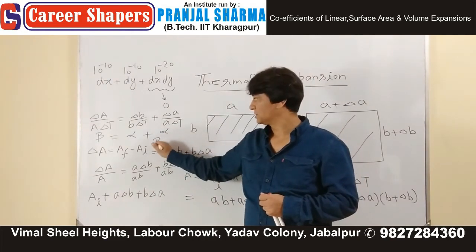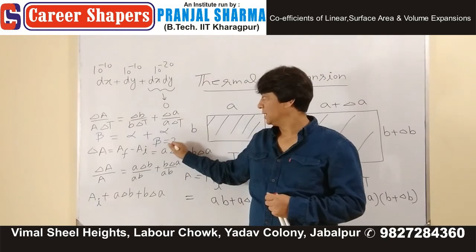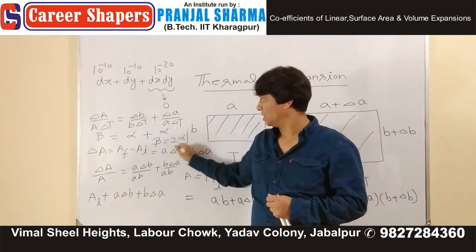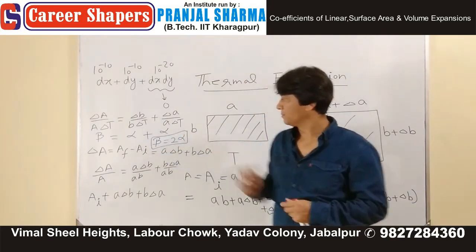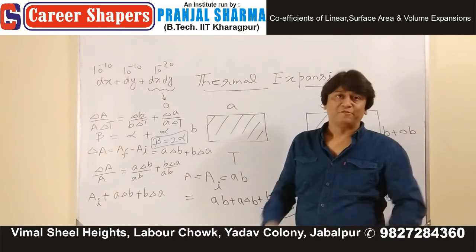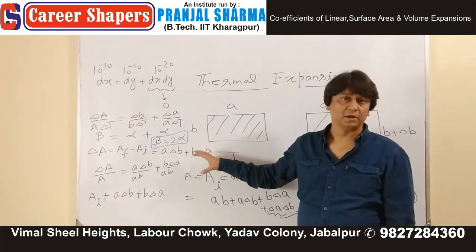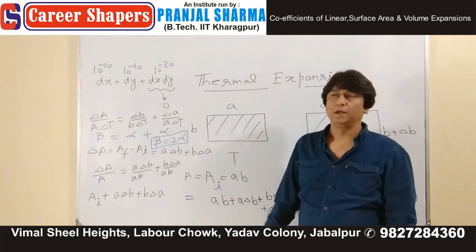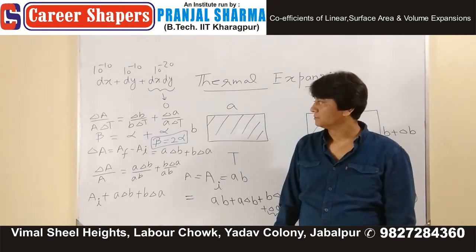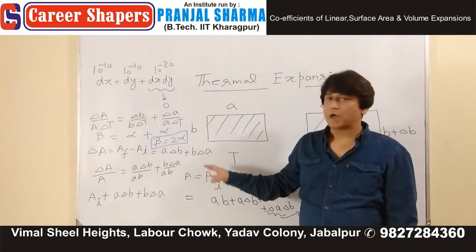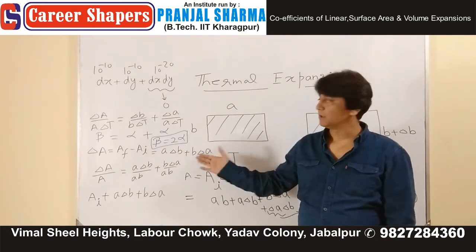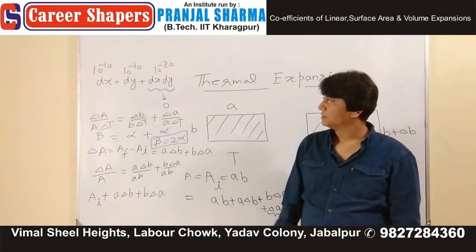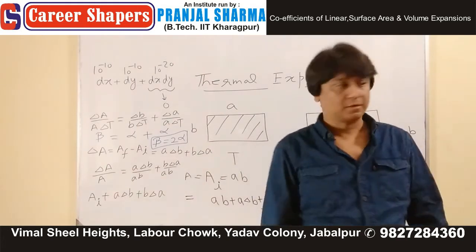This gives us beta is 2 alpha. Coefficient of surface expansion is double the coefficient of linear expansion. If you have understood the derivation, then write down yes in the comment box and note down everything.